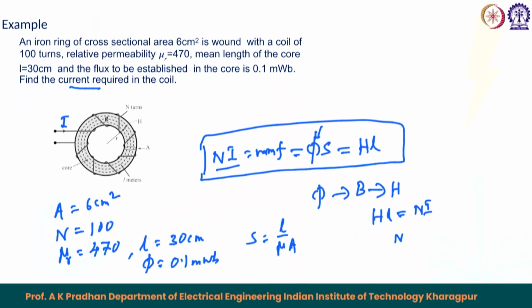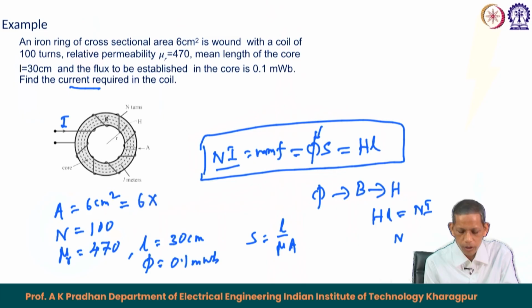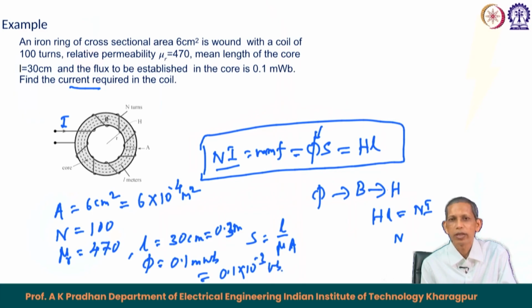In this example, because A is given in centimeter square, we have to convert it to meter: 6 into 10 to the power minus 4 meter square, and L is 30 centimeter, so this becomes 0.3 meter. The flux in milliweber becomes 0.1 into 10 to the power minus 3 Weber. With this data we can apply two methods.